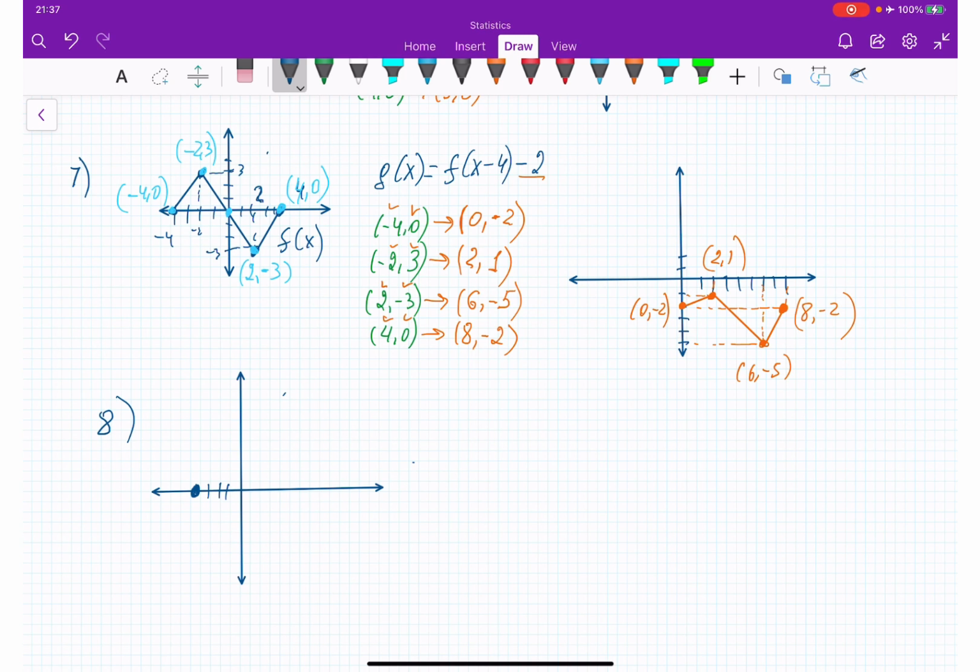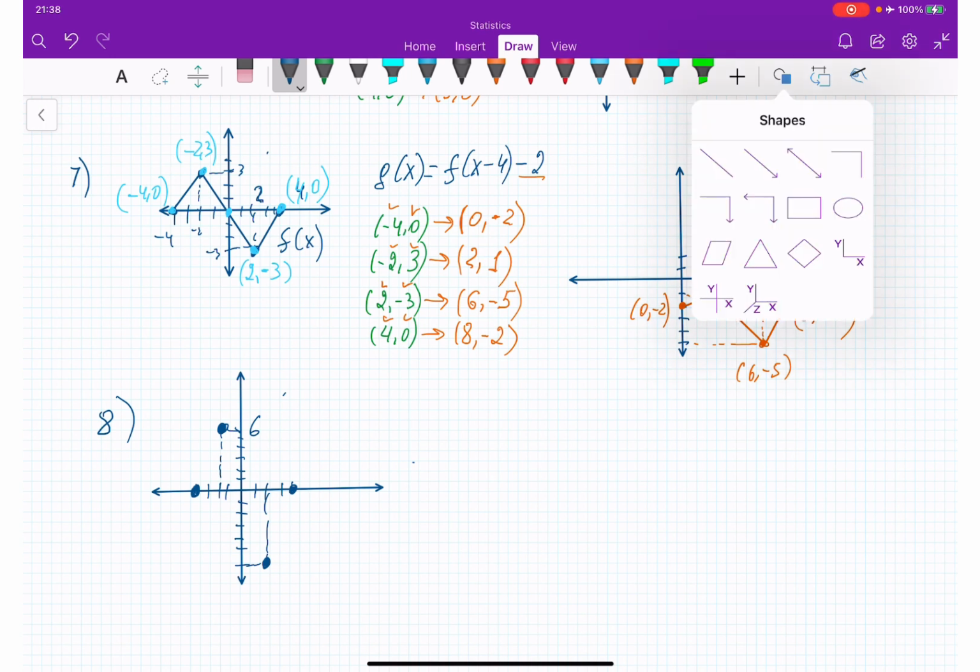The other one is 2 and 6. 1, 2, 3, 4, 5, 6, and this is 2, 6, and this is -2. Okay, then the next one, 2 and -6. 1, 2, 3, 4, 5, 6, and here is 1 and 2. And lastly, 4 and 0. 2, 3, 4, and 0.